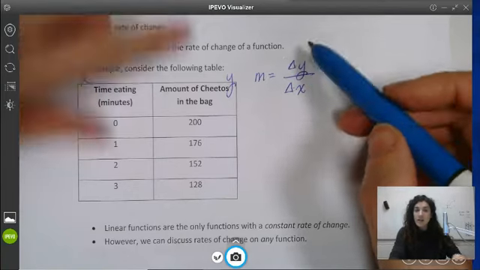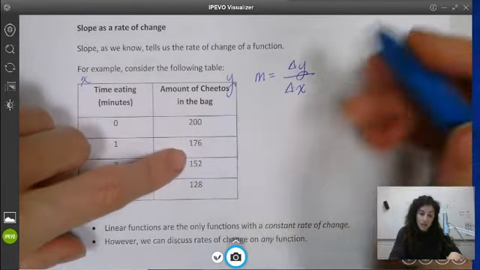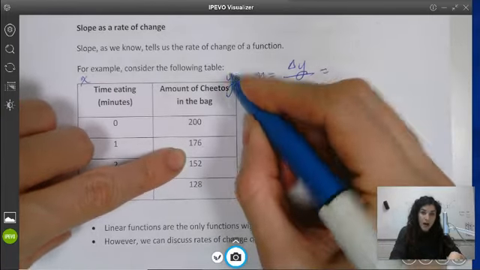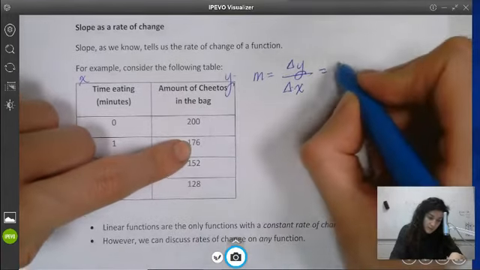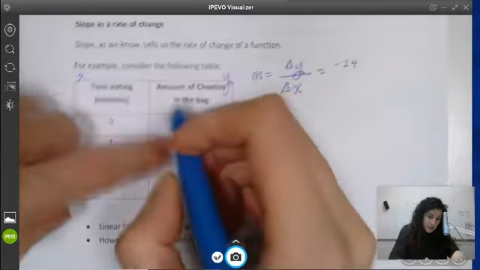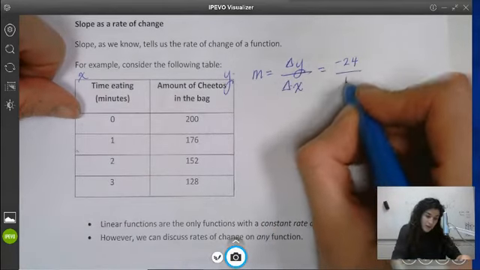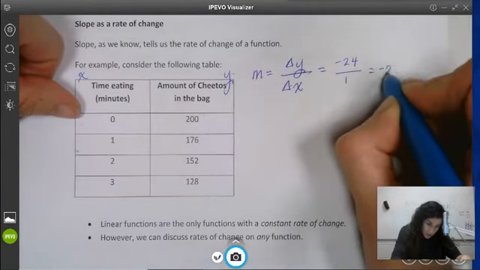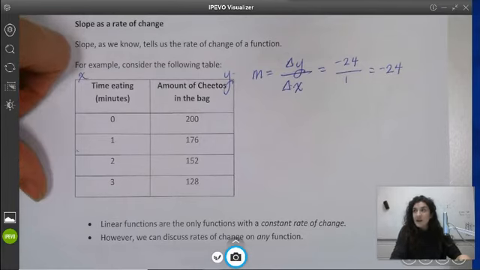Delta means change in. How did we change? Going from 200 to 176, how did we change? Well, in terms of y, we changed by a negative 24. In terms of x, going from 0 to 1, we got a plus 1, which means that our slope is negative 24. That's it. That's all you got to do.